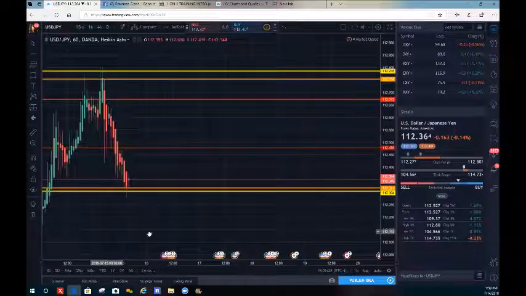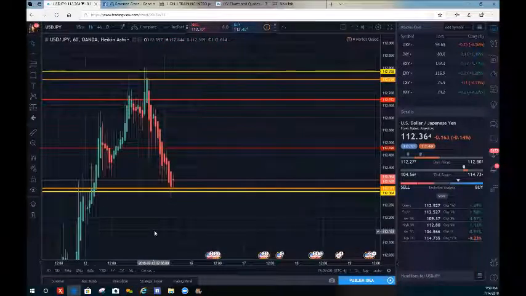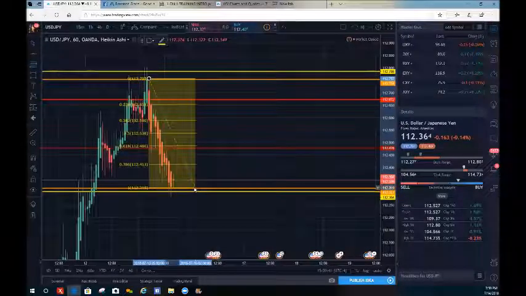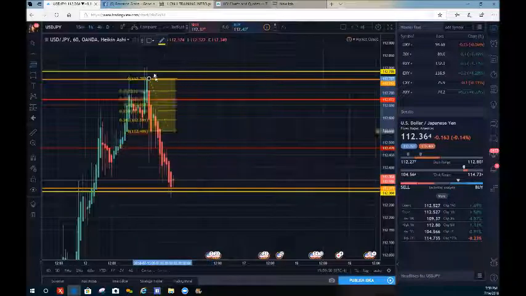In this particular case, I'm going to draw my fib from swing high to swing low. Or actually, was that market going up more? Let me see something.